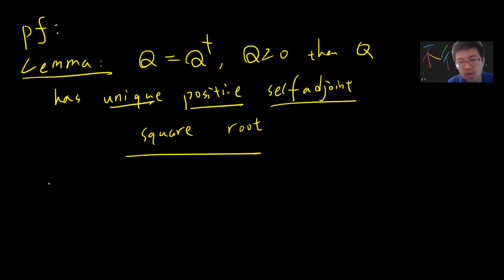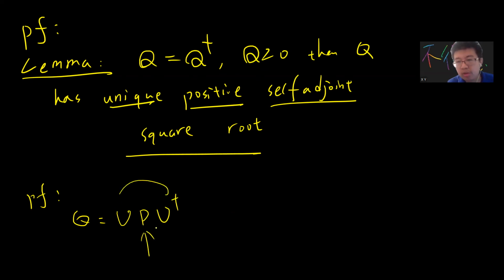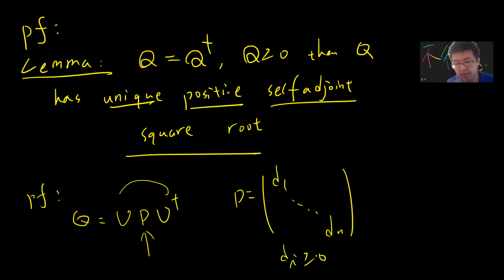Okay, so this is a trivial proof. Trivially, because Q is Hermitian or self-adjoint, Q can be written as U D U dagger, where U is unitary. I can do the diagonalization, and D is a diagonal matrix, and all these entries of D are greater than or equal to 0.